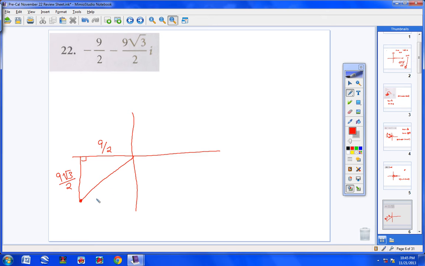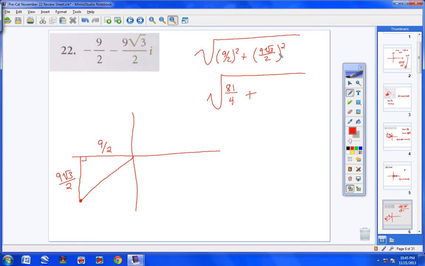Now the first thing we do is we find the hypotenuse. So remember, we take 9 halves and we square it, plus we take 9 square root of 3 over 2 and we square it, and we take the square root of that. Now squaring 9 over 2 is easy. 9 times 9 is 81, and 2 times 2 is 4. That's pretty easy. But this one over here is going to be a little more complex.